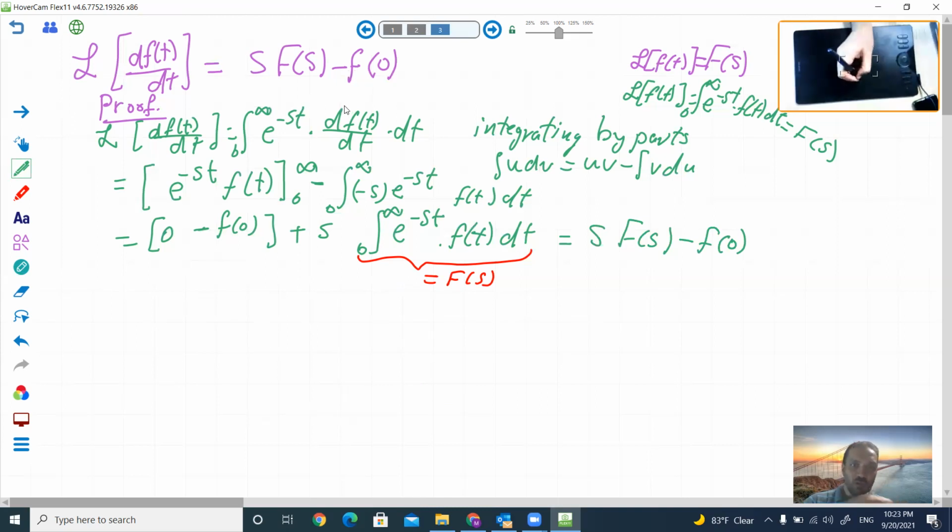Okay, so let's continue to the second derivative. You will find it very cute.